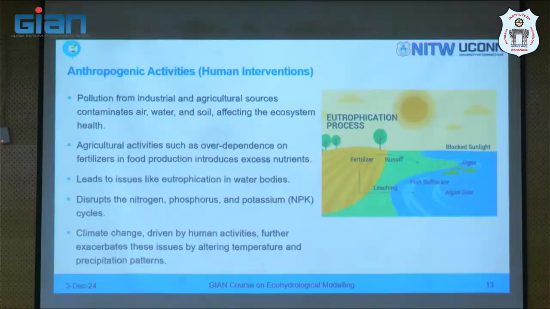So it becomes very, very expensive to treat the water that is eutrophic, because you cannot afford to have any amount of algae left in the water before you mix that with the chlorine.